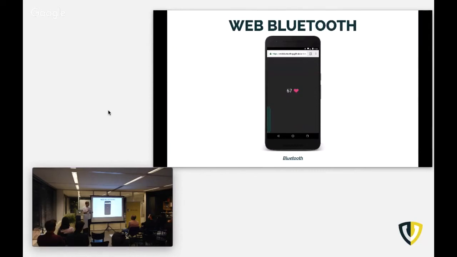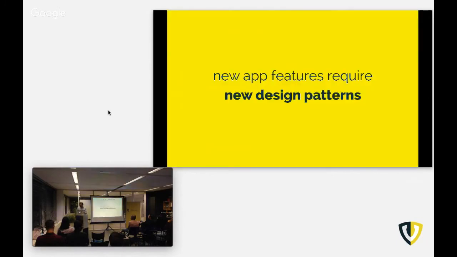I have a little drone at home which I can just connect from the website, and then I can just control it until I refresh it, and it works very well. Yeah, so those are basically all kinds of new features that are coming to the web. Some are under the umbrella of progressive web apps, some maybe aren't, but in any case, I think there are technologies that we can use, but we still definitely need better design patterns around them.